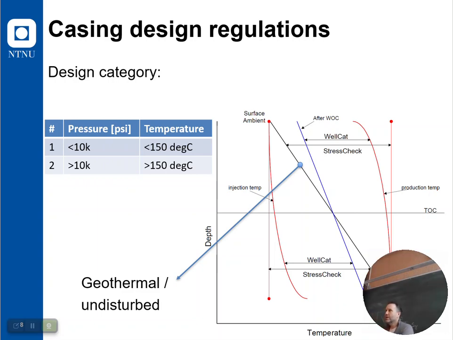As I said, when you start producing, you'll find that the temperature in the well that was like this, the geothermal gradient, right? You have maybe 10 degrees in the steel at the top, in your tubing and so on. When you start producing the fluid at 100 degrees or 150 or whatever it is, the temperature is going to rise like this.